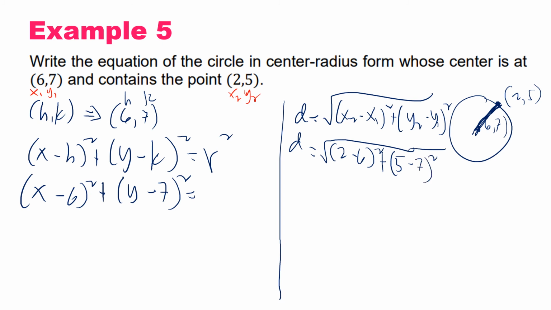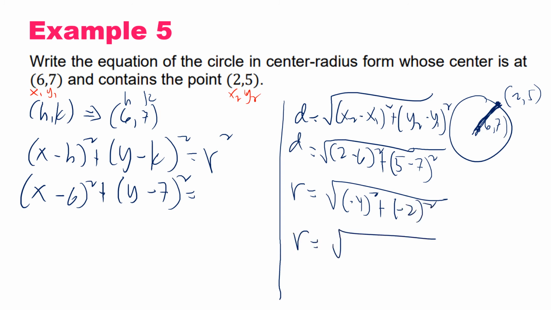By the way, d here can be substituted with the letter r for the radius. 2 minus 6 is negative 4 squared, plus 5 minus 7 is negative 2 squared. So r equals the square root of 16 plus 4, which is 20.